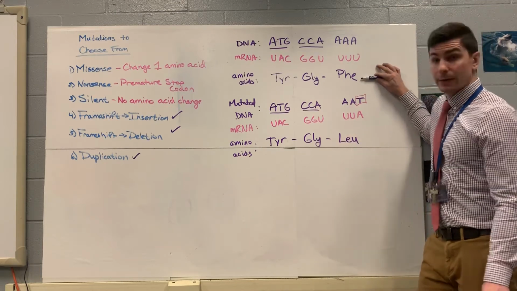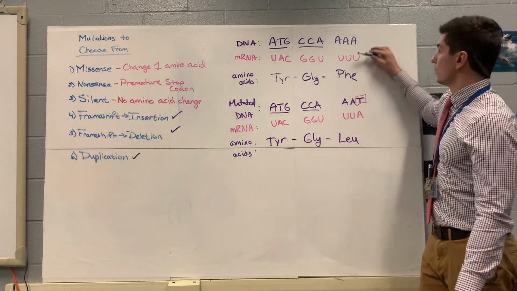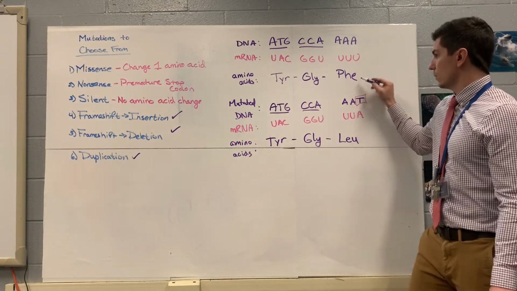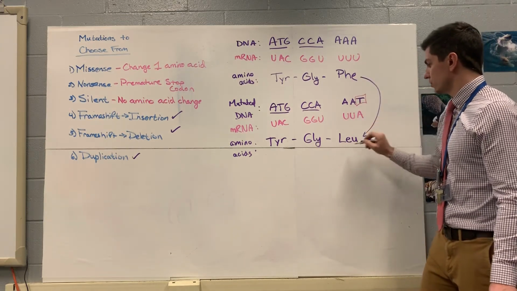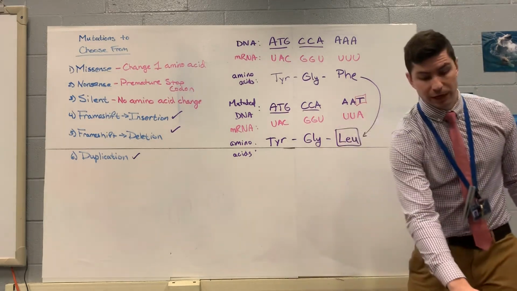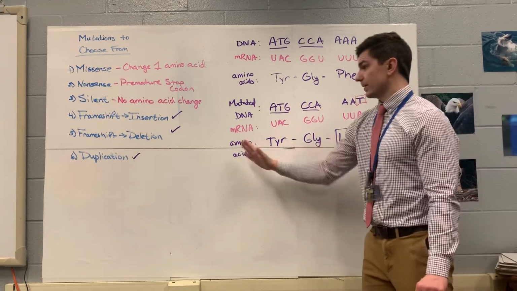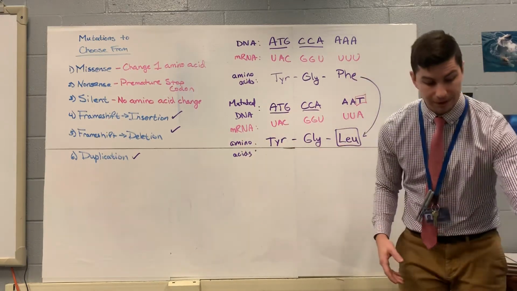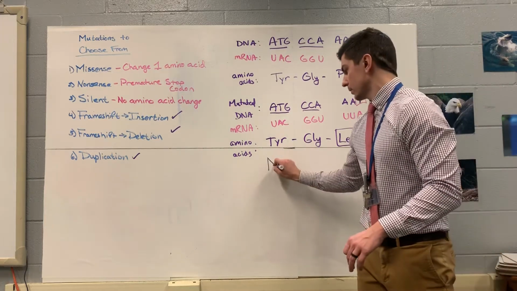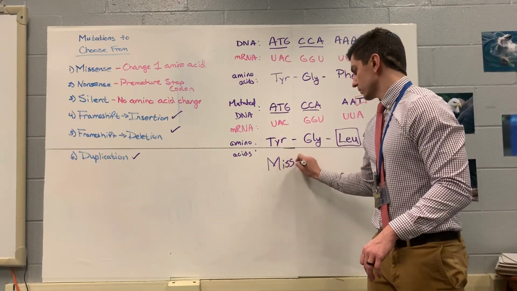So at the beginning, we had PHE before our DNA mutated, but afterwards, now the PHE went to LEU. So we had one amino acid change. It's not like a frame shift where it affects all of them. This one only affected one of them, okay? So that's why this one is called a missense.